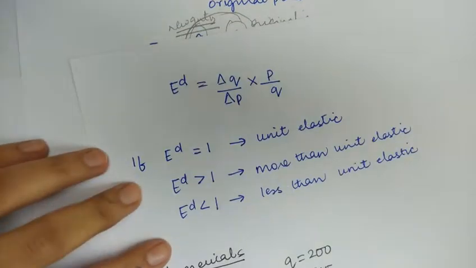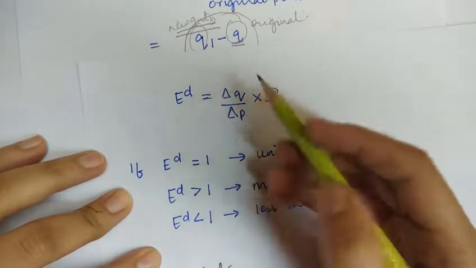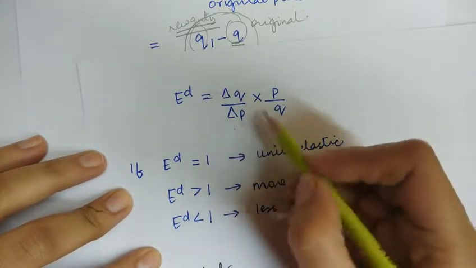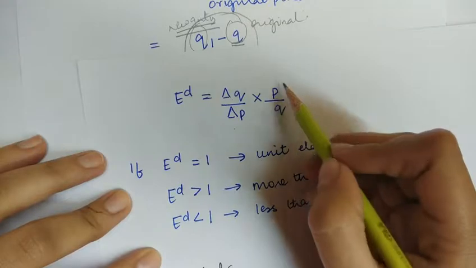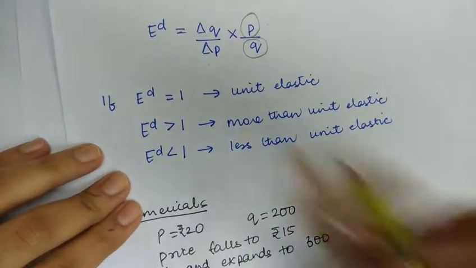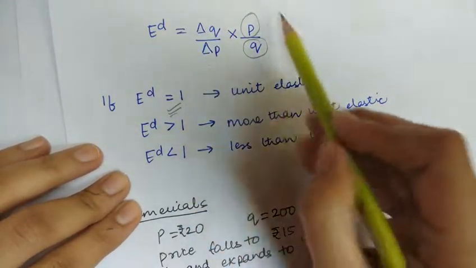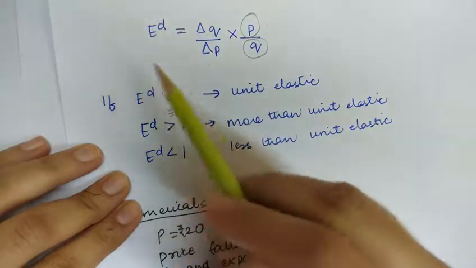So the elasticity of demand is change in quantity upon change in price into P, that is the original price, upon the quantity.